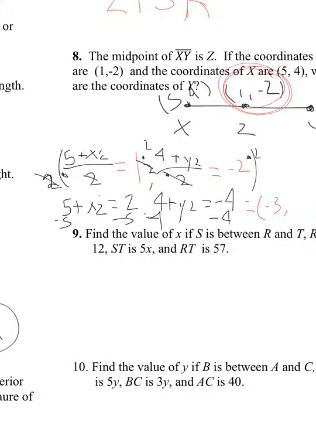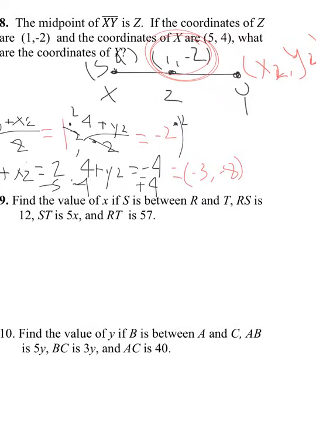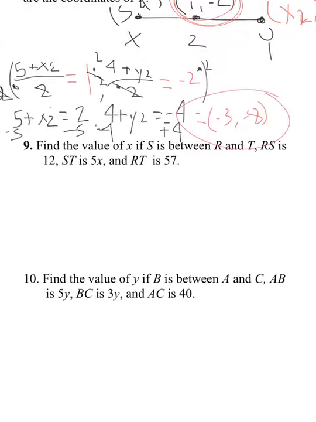Be careful here. Negative 4 minus 4 makes a negative. You're going to get negative 8. And that is your answer. Negative 3, negative 8. All right, we keep going.